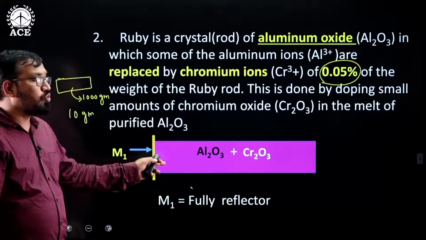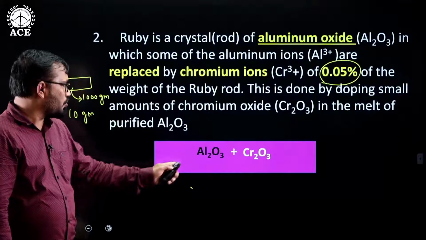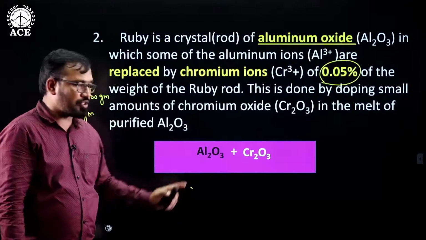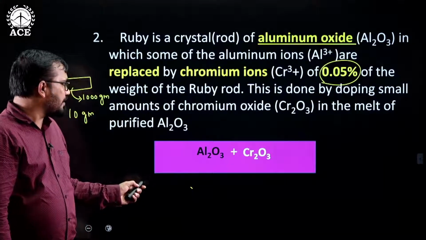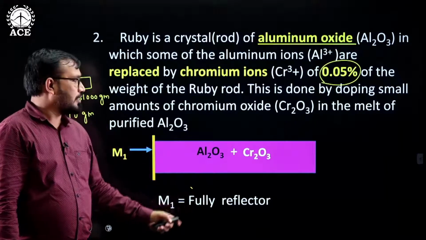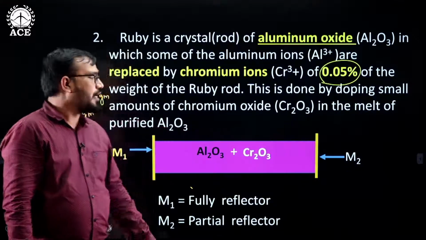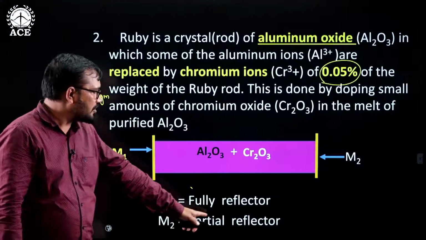Now the two ends of the ruby rod are fitted with two mirrors. See here, this is the ruby rod. The two ends are finely polished, and after that we place two mirrors. One end mirror, M1, is a fully reflector. The other mirror, M2, is a partial reflector.